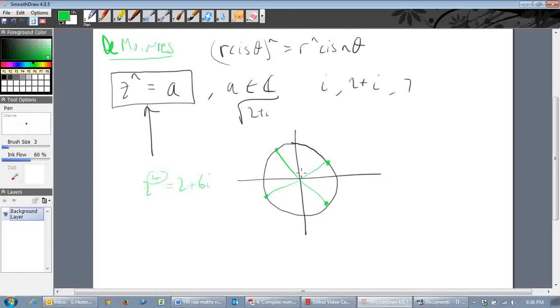It's terrible again, but anyway, it divides it up into 4, so each of these will be 90 degrees. Fantastic. So that's how it works. If it was a square root sort of thing, so z squared equals -9 or something like that, what you'll find is that if one of your solutions is there, because it divides the Argand diagram into 2 pieces, it'll just be opposite. So that's what we're looking at.